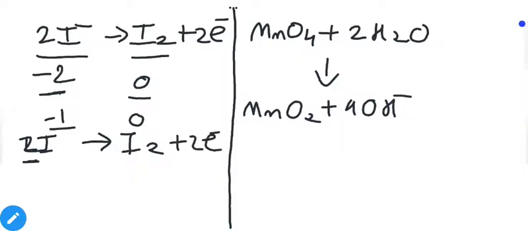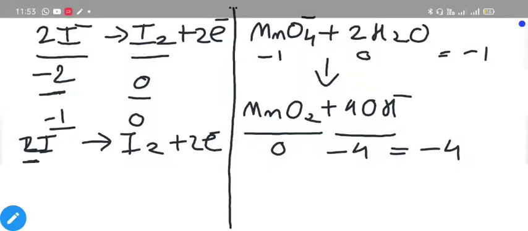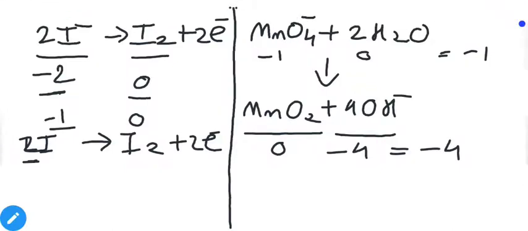Now for reduction, MnO4 minus carries -1 charge, water carries 0, so total charge -1. On the other side, MnO2, it is neutral, 4OH minus carries -4 charge, so total charge -4. So simply it is a reduction, that's why we can add electrons on reactant side, and to equalize the charge we need 3 electrons.